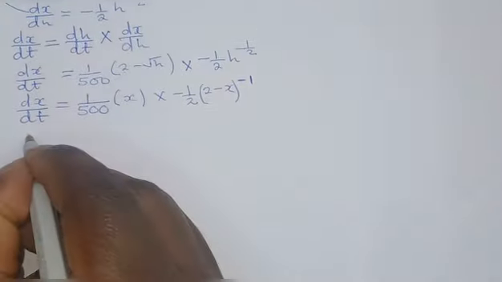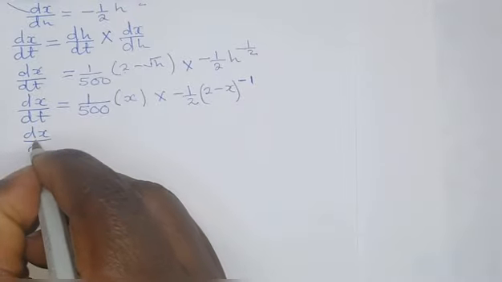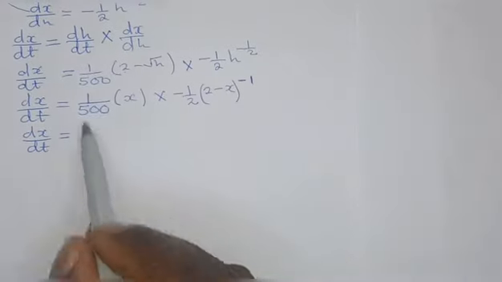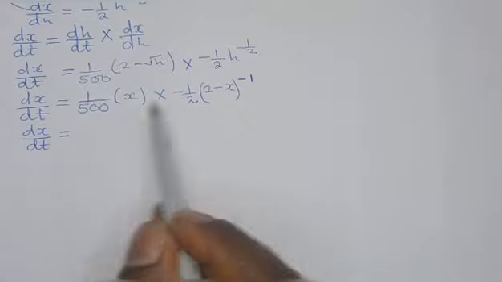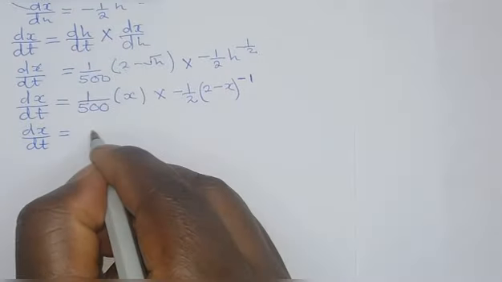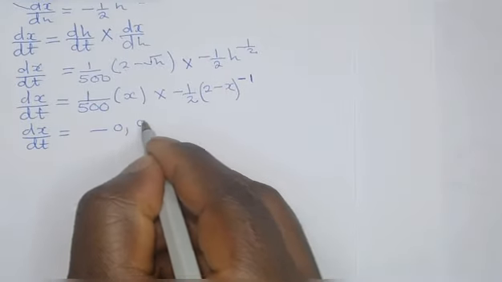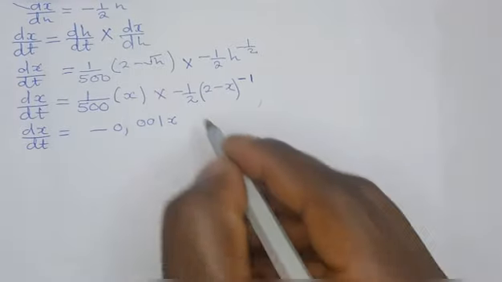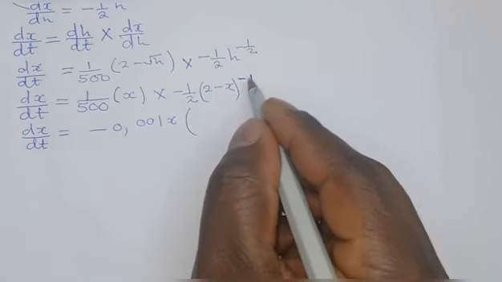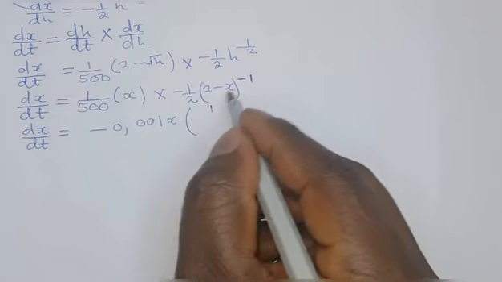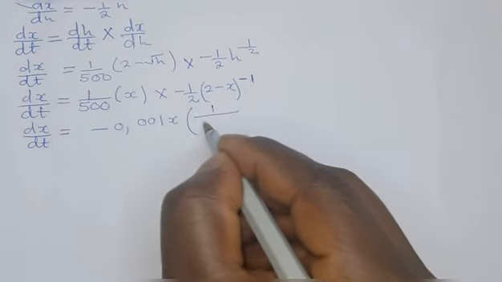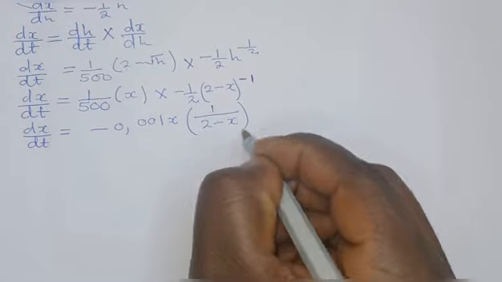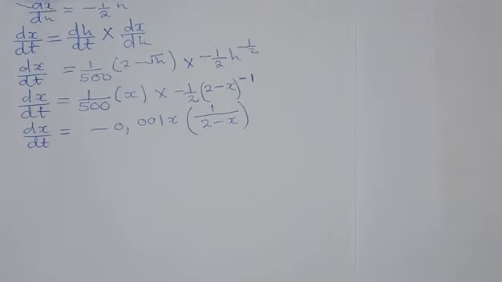Right, then having done that, we get dx over dt is equals to 1 over 500 times minus half, which gives minus 0.001, then we have x. Then this 2 minus x to the power of minus half to the power of minus 1, we write as 1 over 2 minus x.